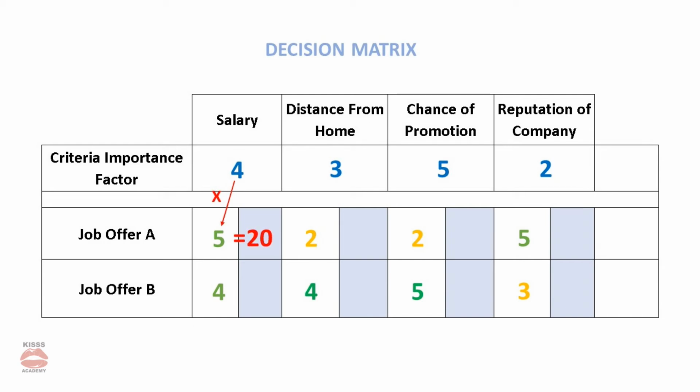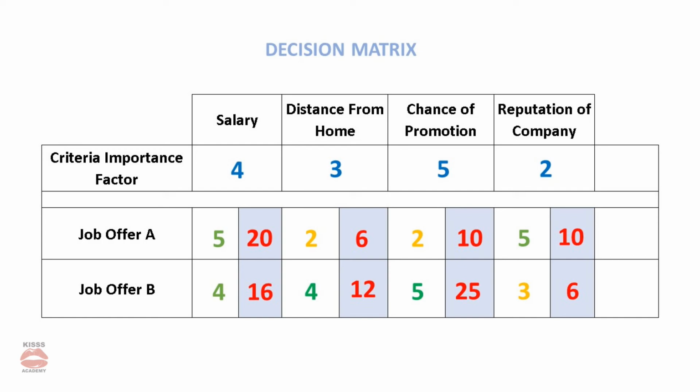We do something similar for job offer B. 4 times 4 results in 16. And then we do the same calculation for each of the other criteria. Once we have done all of these multiplications, we then add the final numbers for each row together.